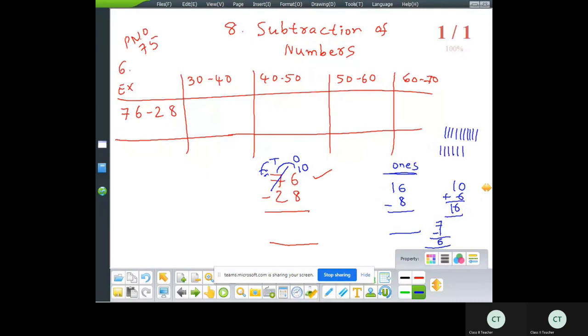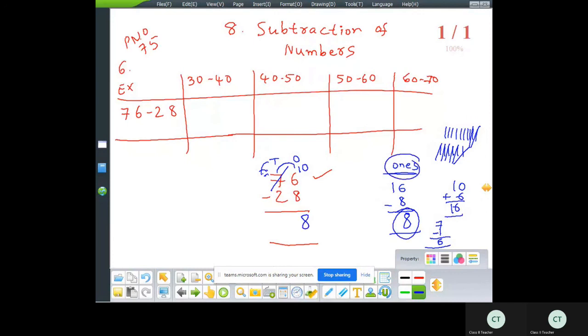From 16 we subtract 8. From 16 lines we cut 8 lines. 1, 2, 3, 4, 5, 6, 7, 8. After cutting 8 lines from 16 lines, the remaining lines are 1, 2, 3, 4, 5, 6, 7, 8. 16 minus 8 is 8. Write this answer 8 in one's place.